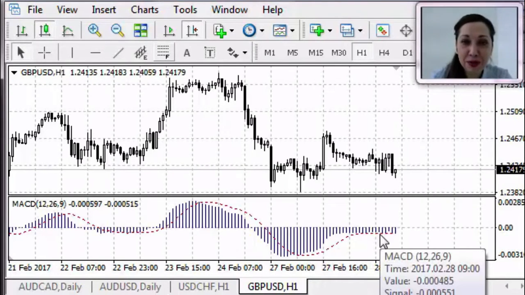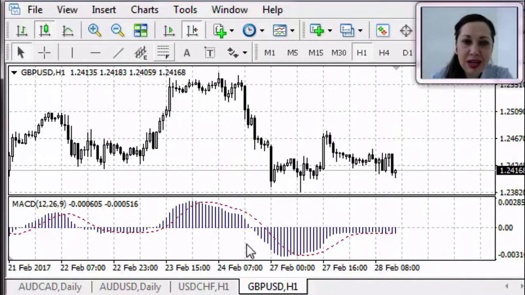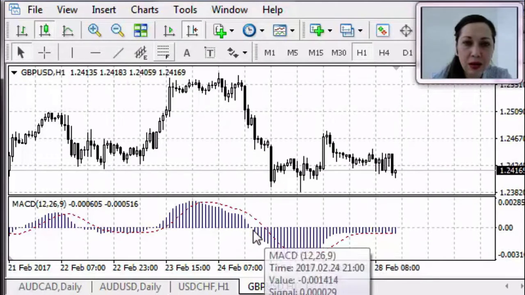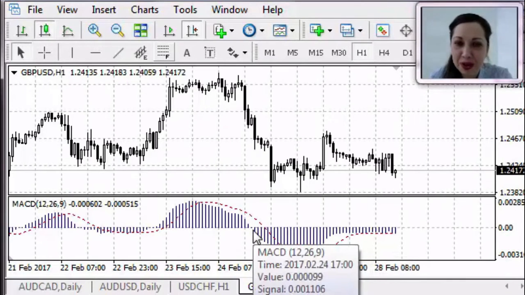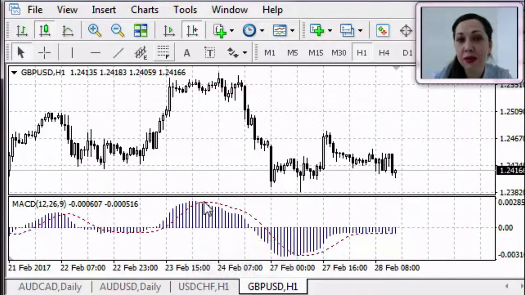Okay, so first, how do we identify the trend, because it's also a trending indicator. It's easy. This is an indicator fluctuating above and below zero. So if the indicator is above zero for a sustained period of time, it's considered to be an upward trend.